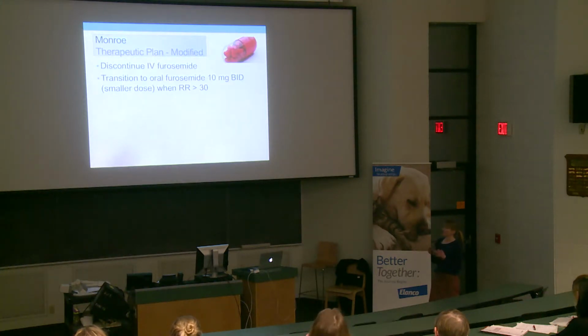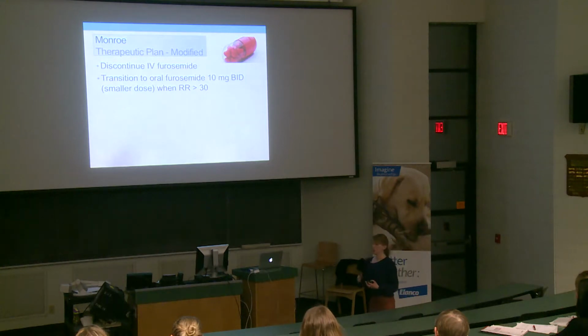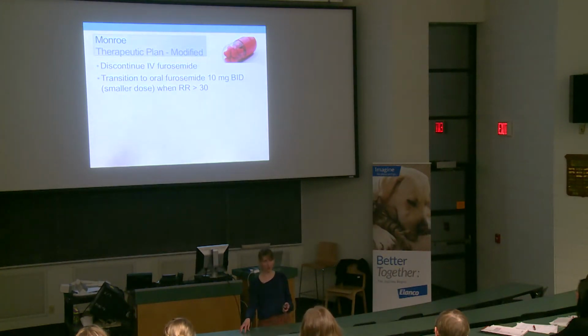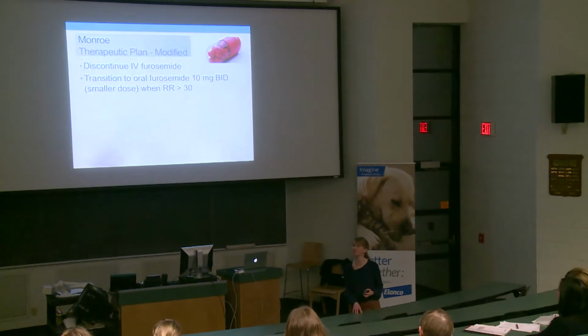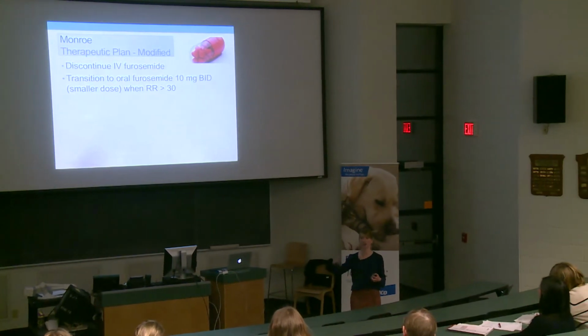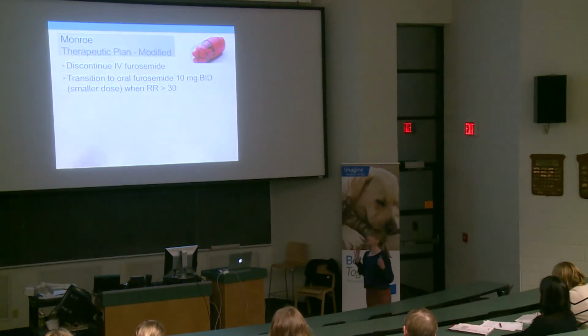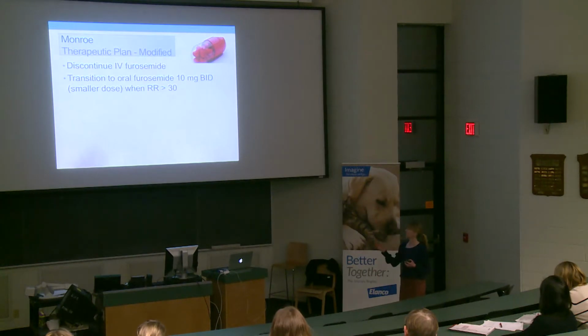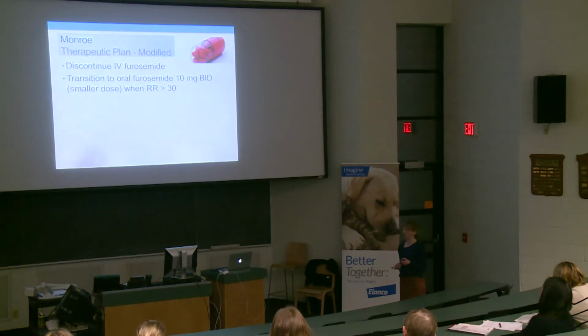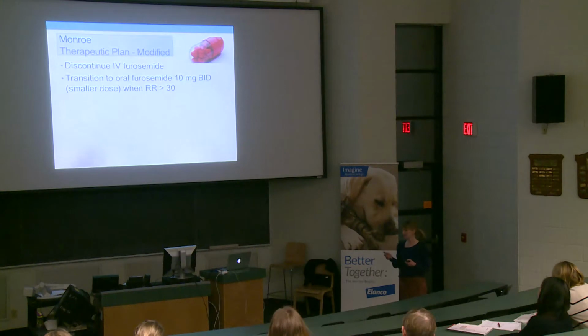Well, we decided to completely discontinue his IV furosemide. We were going to go about transitioning him to oral furosemide on an as-needed basis. We were going to wait until his resting rate was consistently above 30 and he was trending back up. When we reinitiate his furosemide, we were going to give a lower dose.